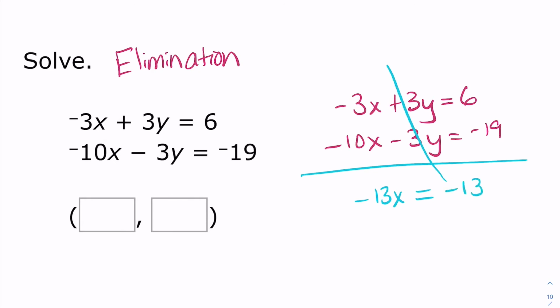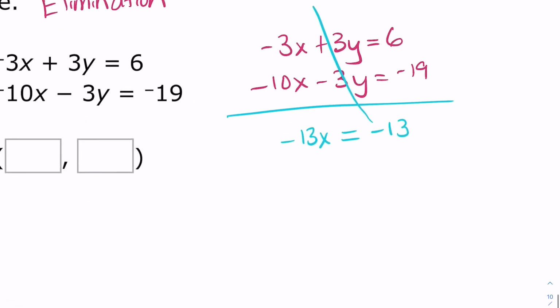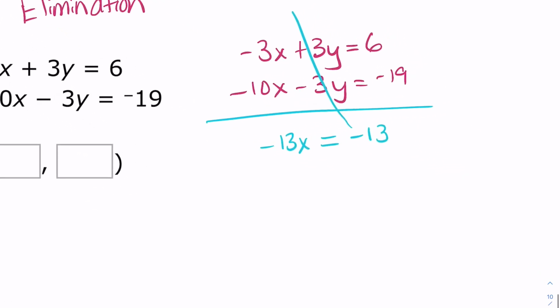And very, very quickly, I find that I can divide this by negative 13, and I see that x is equal to 1. And I have found half of my answer, x is 1.